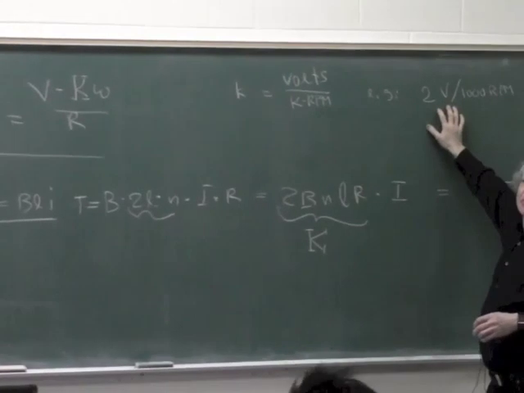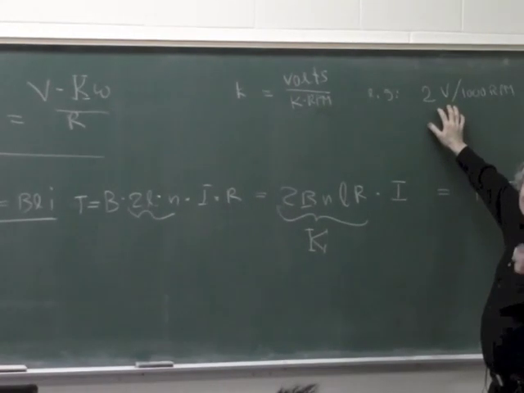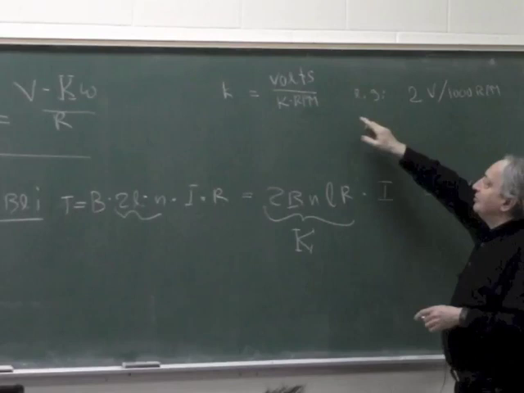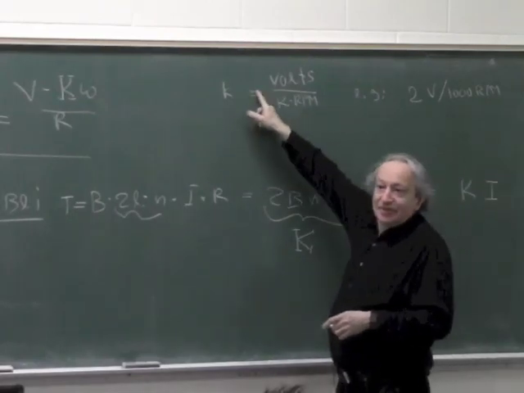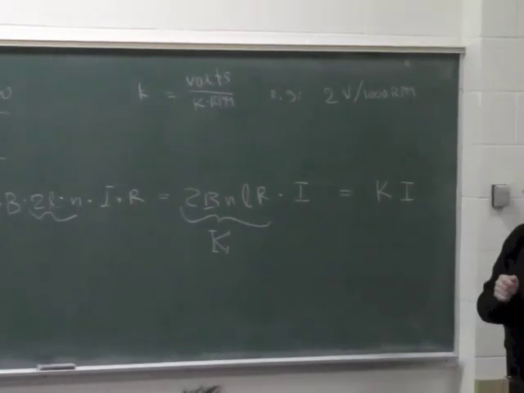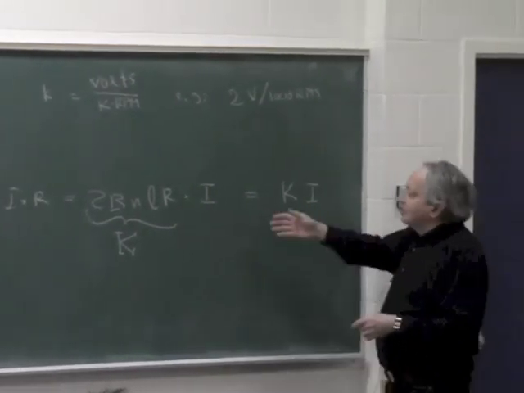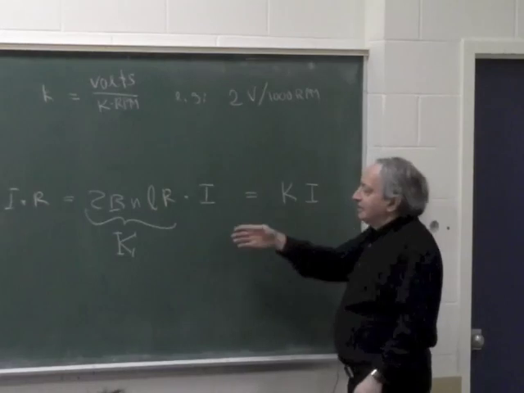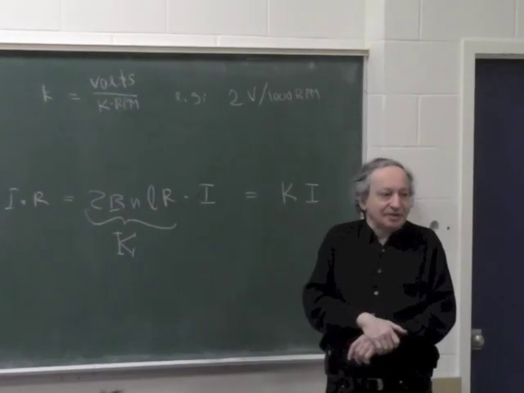So if you use the motor as a generator and you rotate it at a certain RPM, this will tell you how many volts you get. And the same K will also be the torque constant. If you give the motor 1 amp, you'll get a certain torque, and the torque will be K times I, it's the same K. Okay? Good.